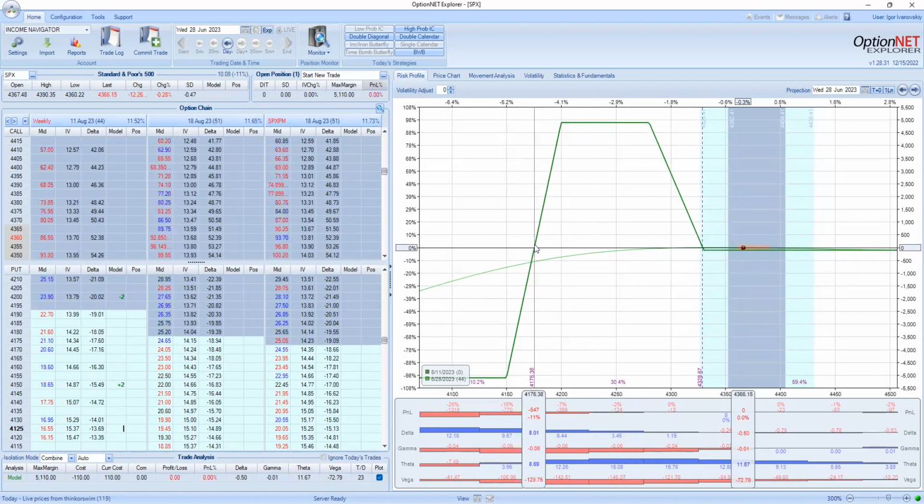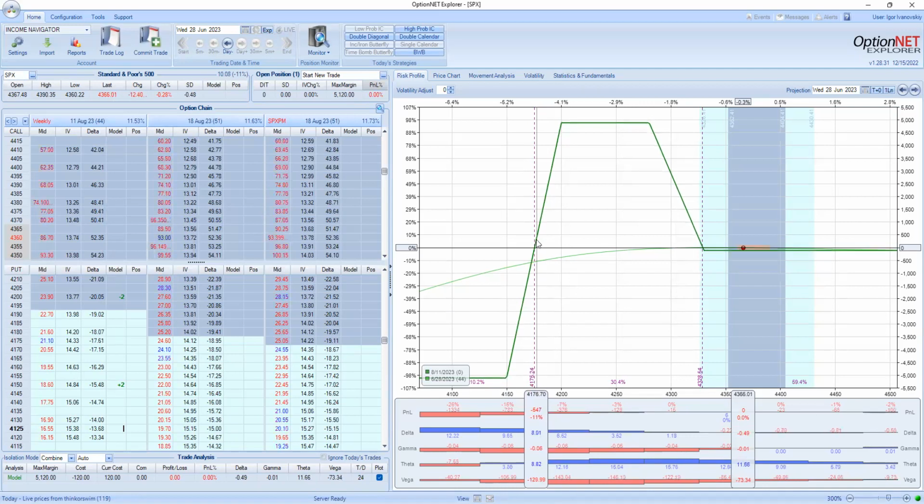2 50-point wide put credit spreads have a total risk of $10,000, right? 50 points, which is 50 times 100, right? S&P 500 options have a multiplier of 100. 50 times 100 is 5,000. We have 2 of these spreads here, so total risk is 10,000.